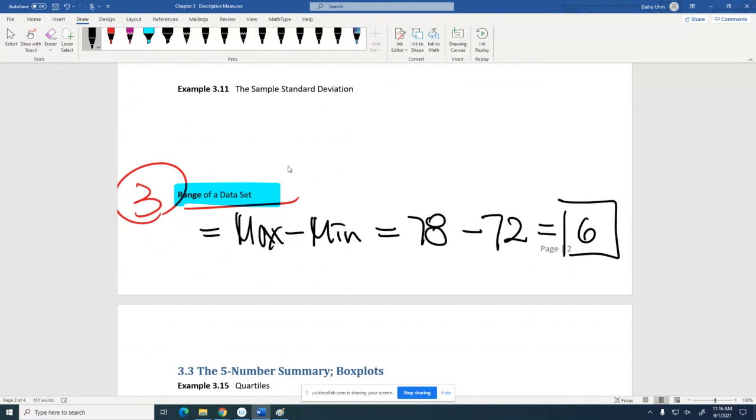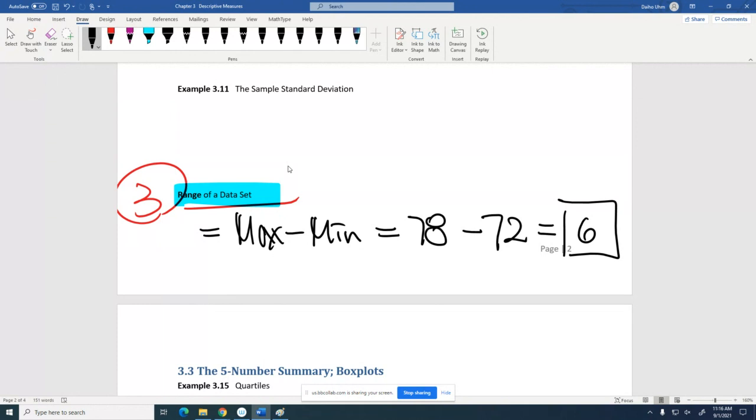See, the range is one of the statistics. Statistics suggest only one value. So now the range is a 6. Verbally, the range, before in exam, many students answered the range is between 72 and 78. No, thank you. Well, verbally, yeah, it is a range.